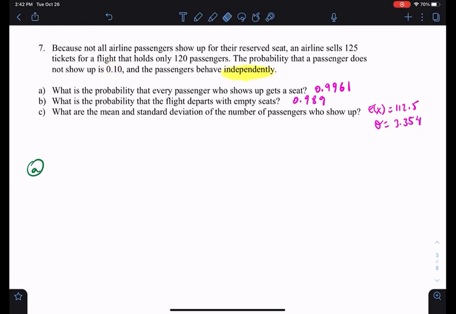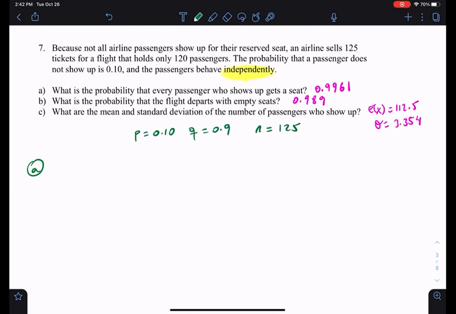And we have Bernoulli trials, meaning we have a success and failure situation, right? So the probability of success is 0.10, failure should be 0.9, and then your sample size is 125.